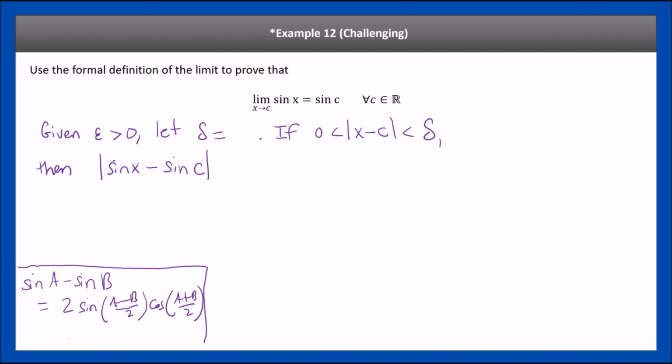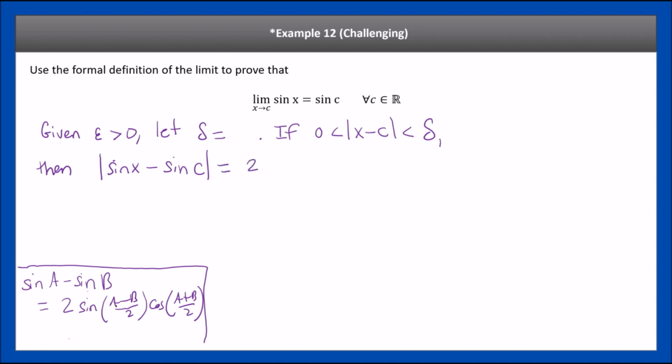So we're going to use that here because it's going to be very useful. It's easier to deal with products because of absolute value of products. You can split the absolute values. And so it makes it very useful to convert this into a product. So let's go ahead and do that.